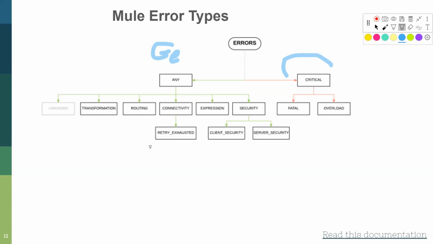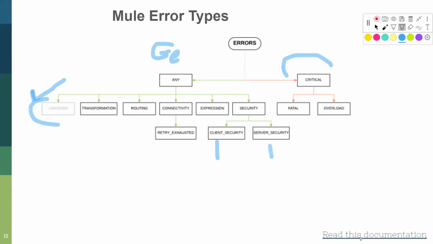So you see they have a hierarchy. The error messages have a parent, as we see here. Under any, we have unknown, if the error type is not clearly known. We have transformation related, routing, connectivity, expression, and security. And under security, we see client security and also server security.